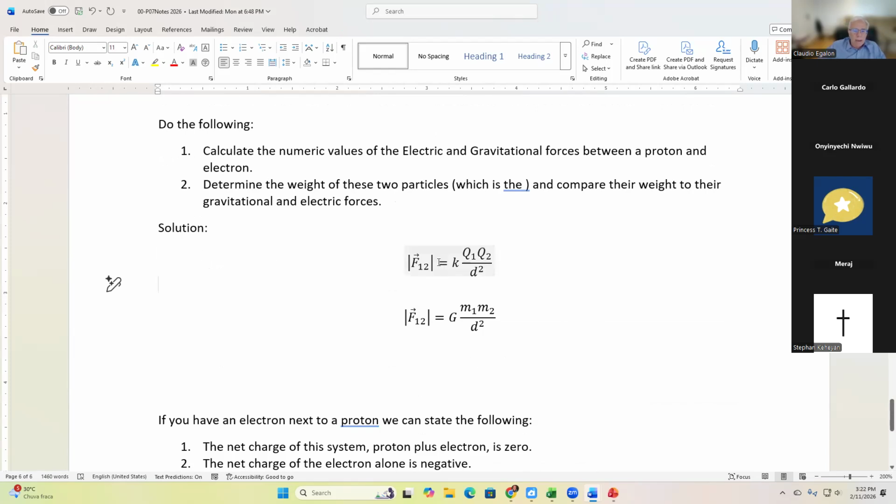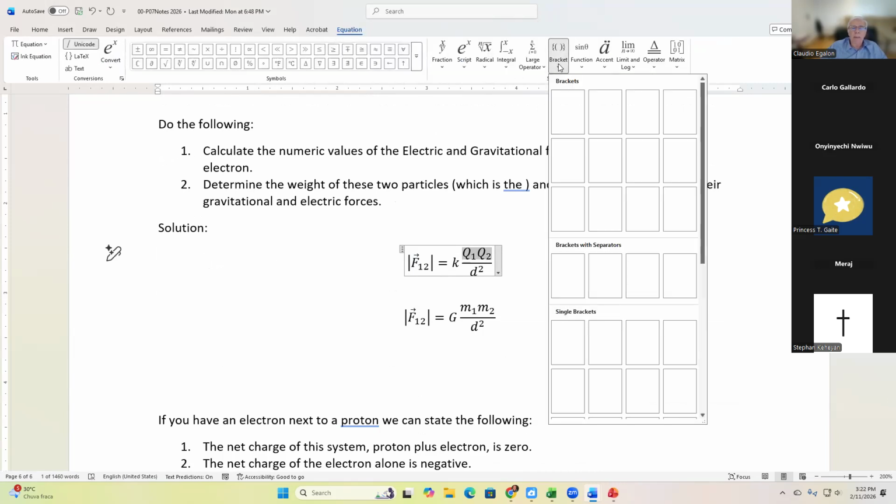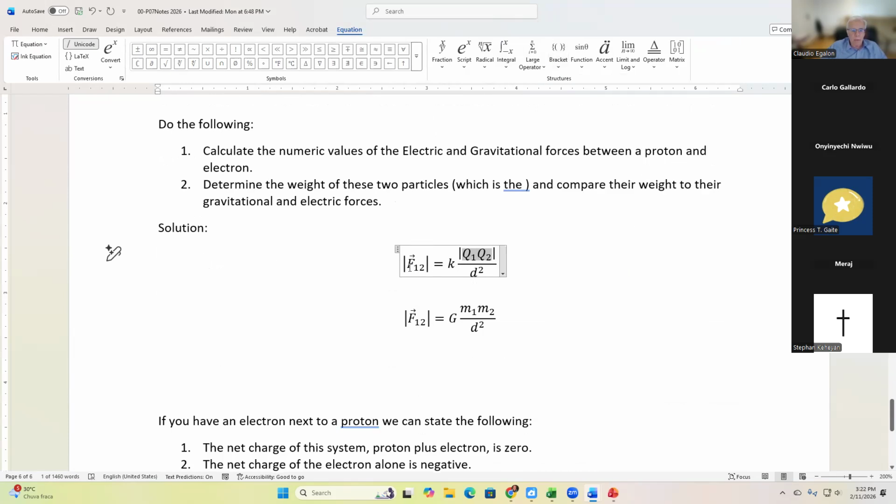Let's not forget Q1 and Q2. Since I'm using the magnitude of the force, I can use magnitudes here as well. That would be the correct way of writing this equation. The force must be positive, so consequently, when you multiply one charge by the other, it must be a positive quantity too.